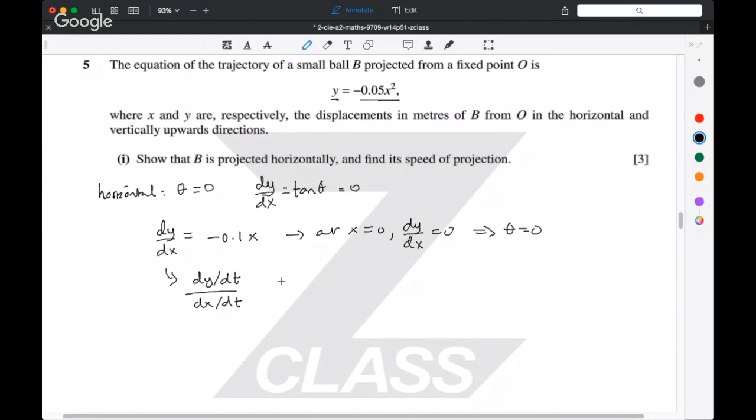So this is going to be equal to Vy at time 0 minus gt over Vx at time 0. And we know that all of the velocity at the beginning is in the x direction. Actually, this doesn't help us because t is equal to 0.